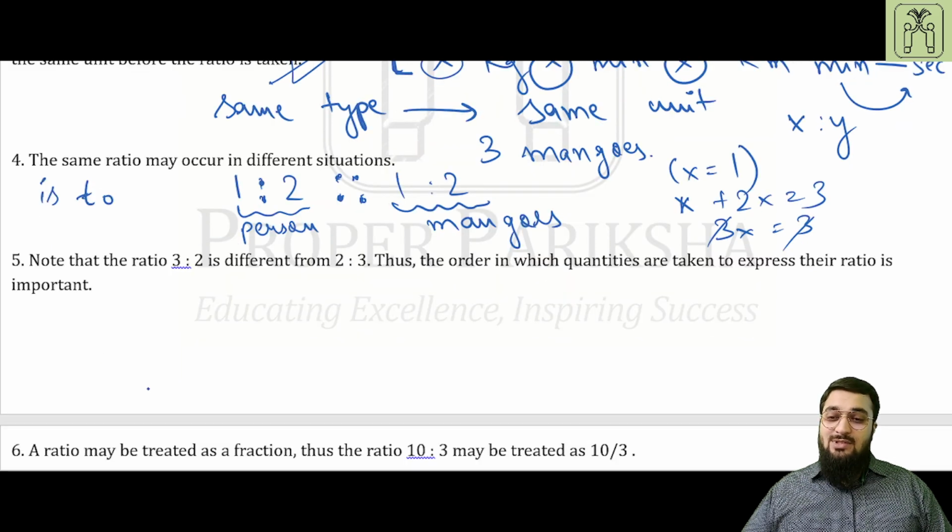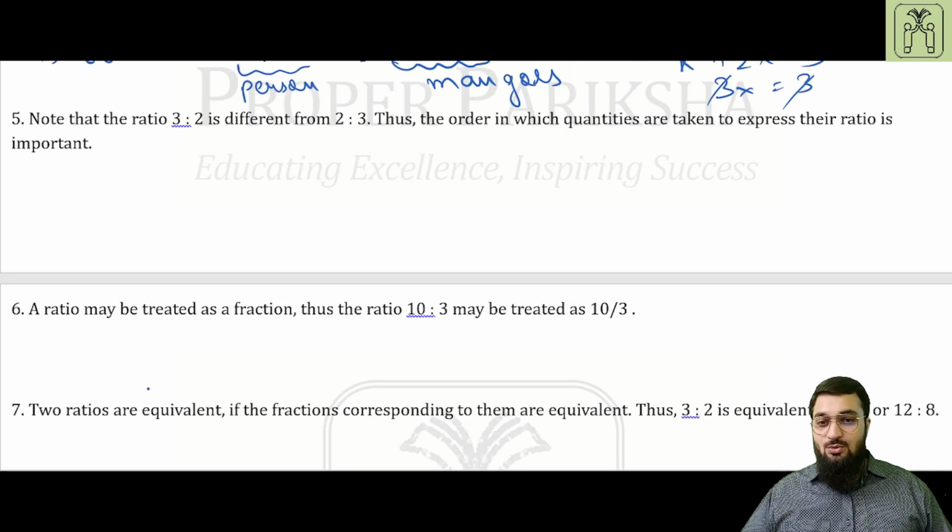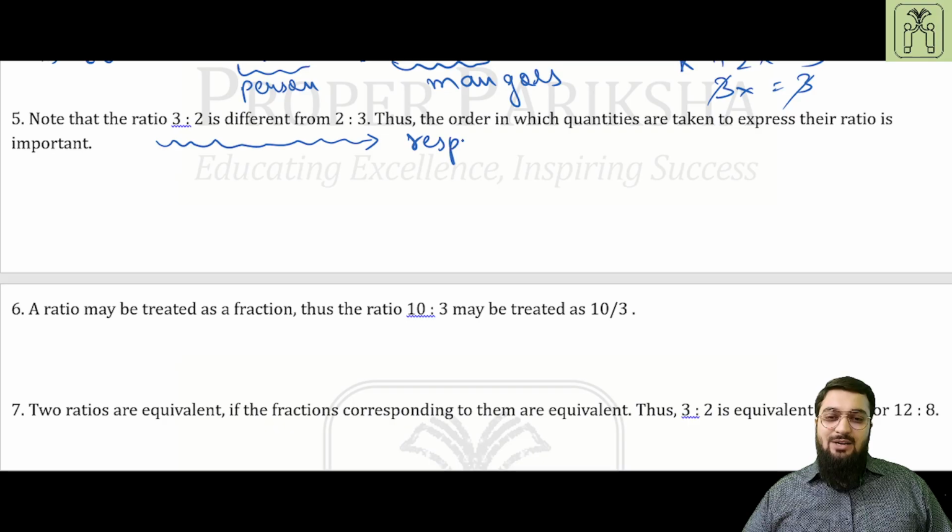Point number 5 is that note that ratio 3 is to 2 is different from 2 is to 3. Definitely. This particular point is the extension of the point that we use the term respectively.